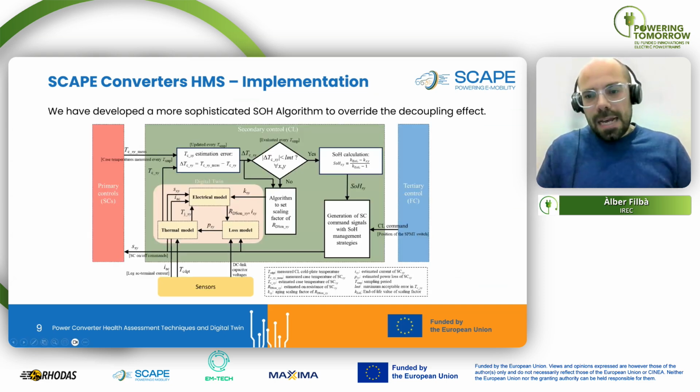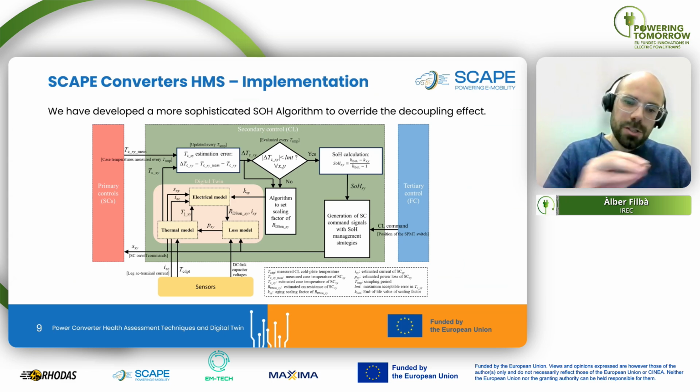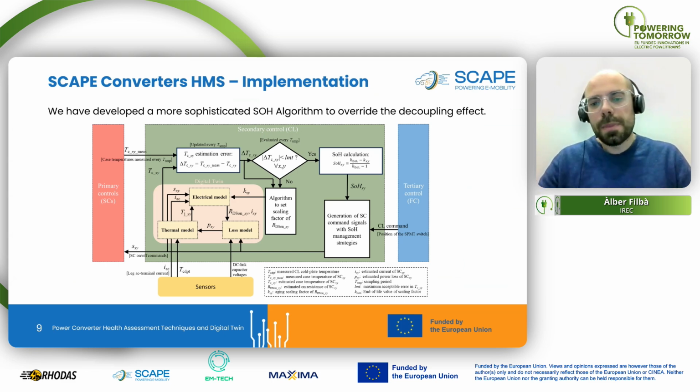So at the end, to deal with this challenge that comes from this coupling, we have developed a sophisticated state of health algorithm that, basically, by comparing the errors between the measured and computed temperatures of the switching cells, not only for each switching cell, but between switching cells, we can determine which are the switching cells that are actually degraded.